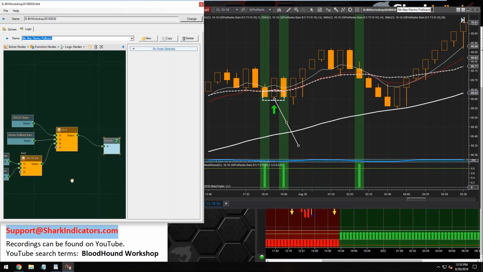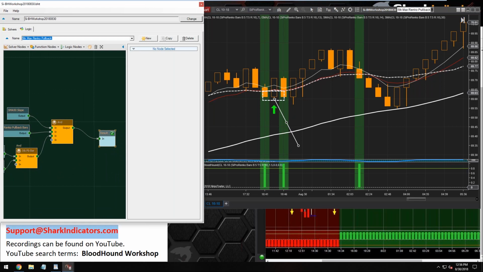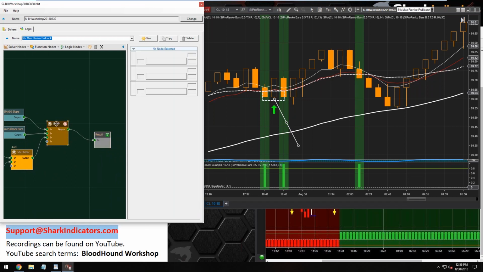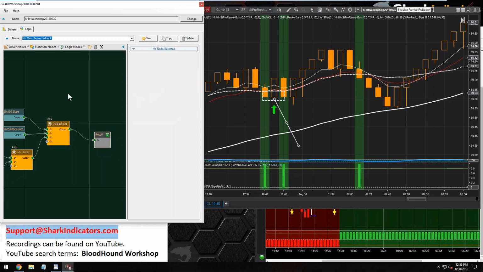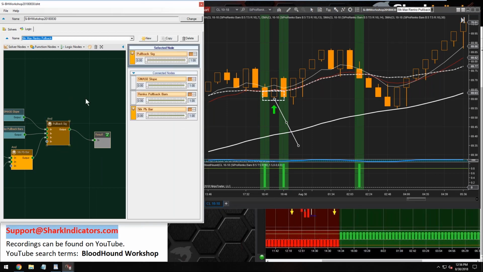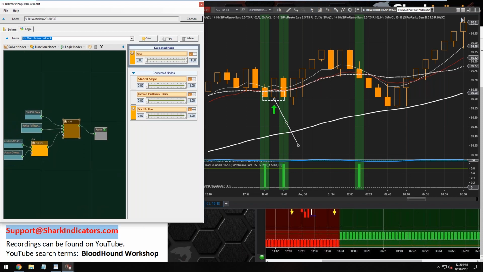So, let's see here. Let's name this AND node here. There we go, that's our pullback signal. Well, actually, no. Now, hold on. Let me scrap naming this yet, a little too early.